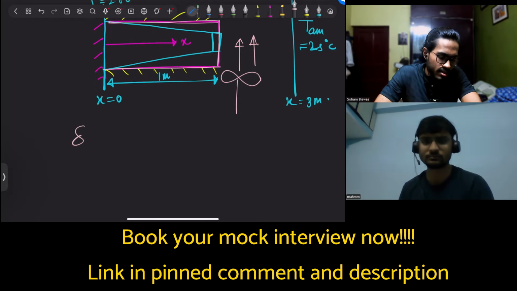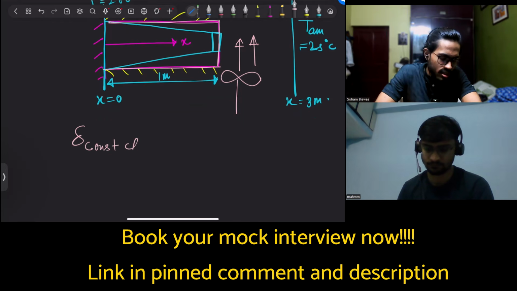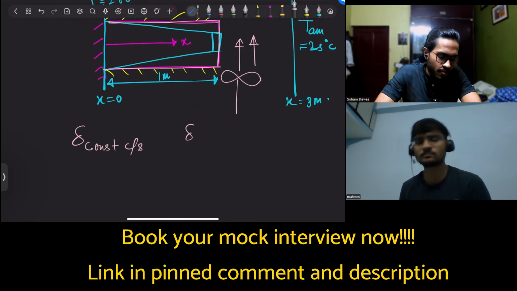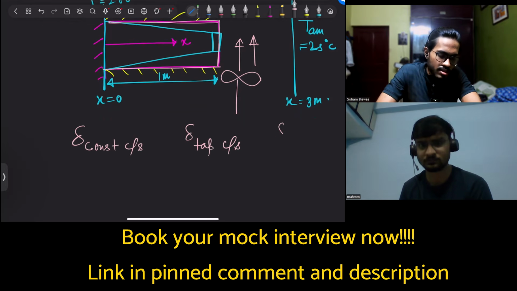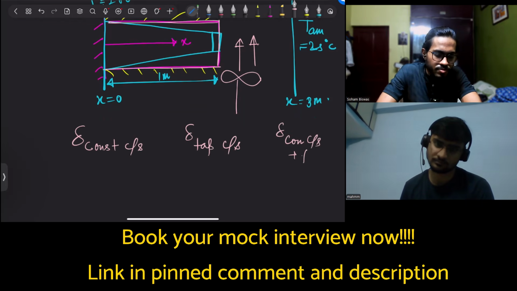So we have three cases. First case is the constant cross section. Second case is the tapered cross section. Third case is the constant cross section plus fan.